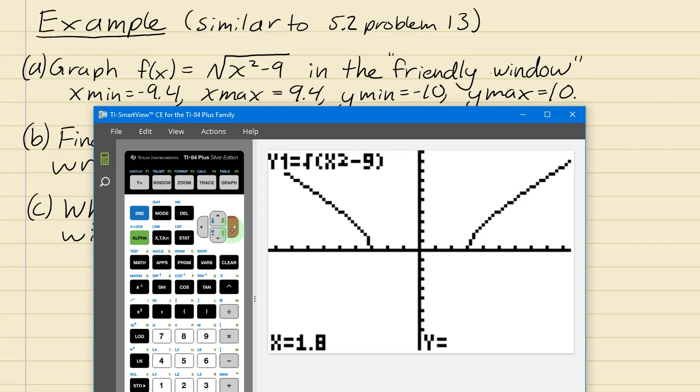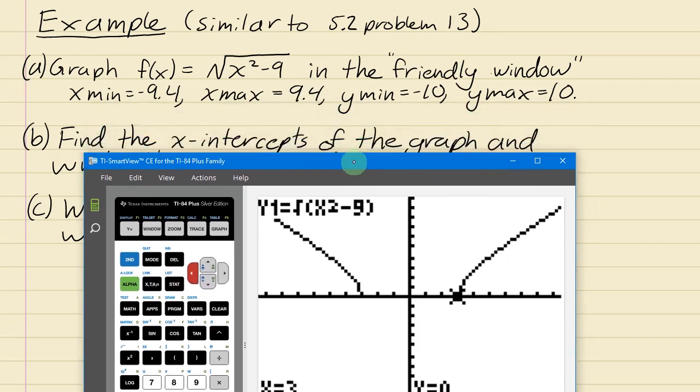If we keep going to the right until we get to an actual point, here's the first actual point. Now you actually get y equals 0 from that. And it's nice that using this friendly window, it just goes up by 0.2 every time instead of those awkward decimals that you get most of the time.